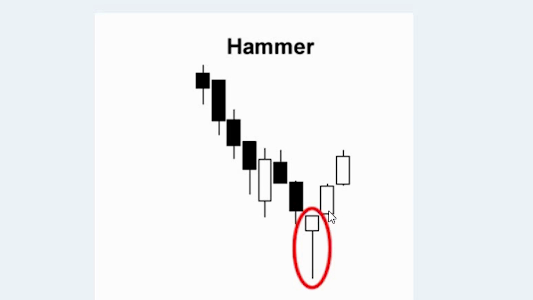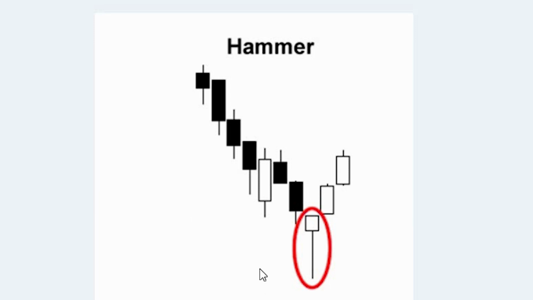At the close of this hammer candle, make sure you have practiced on the demo account which one works perfectly. Practice initiating immediately after the hammer forms, and at the close of the next candle.